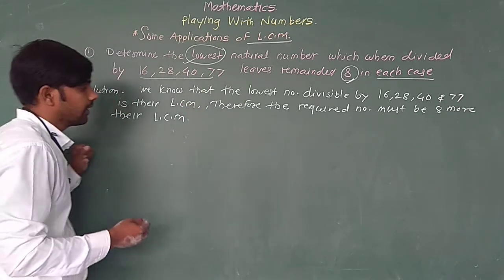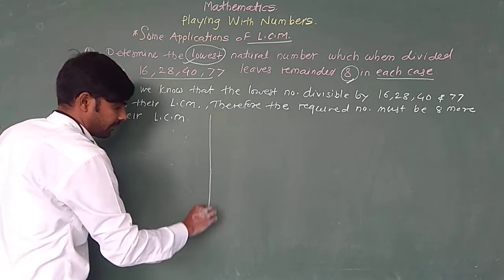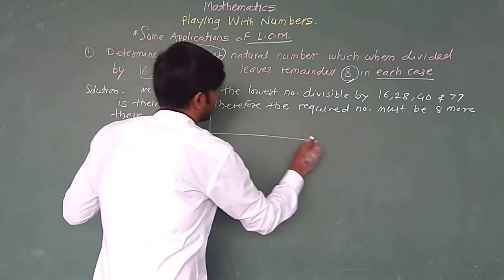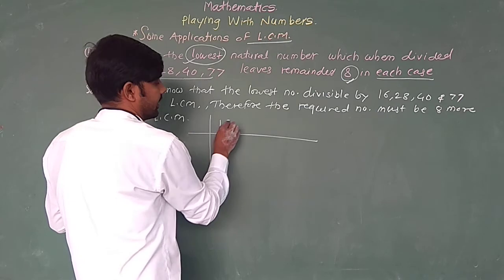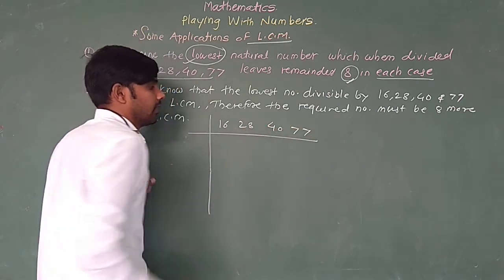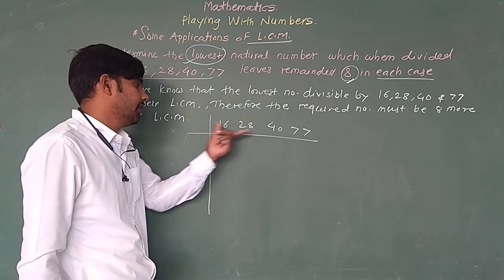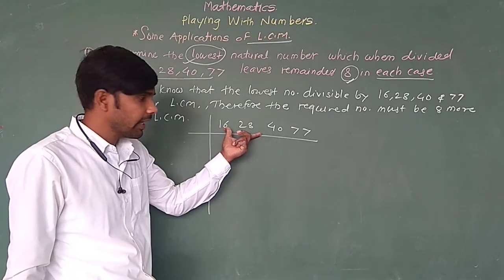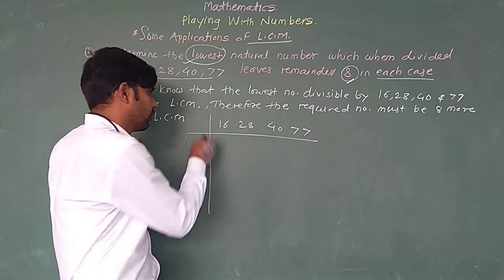So look here. First we will find the LCM. 16, 28, 40 and 77. So find the divisor of at least 2 numbers. So 2.